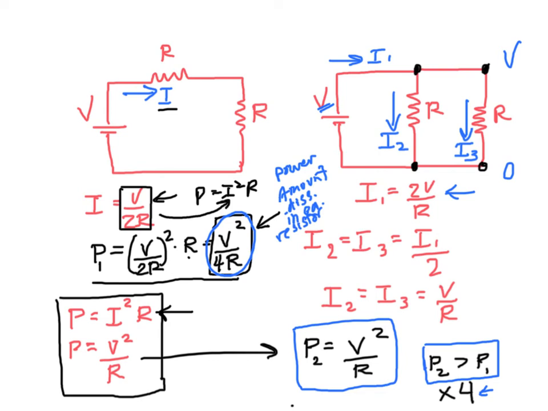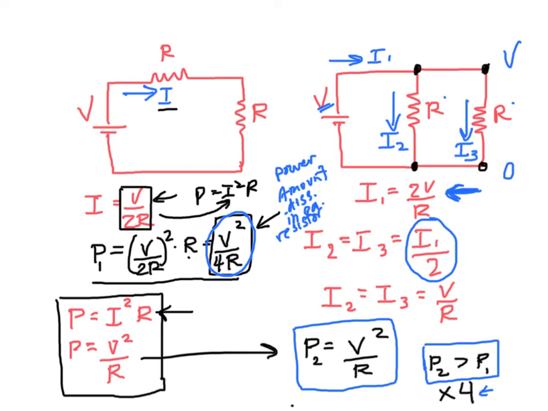Now notice that up here, back up to this point where I'm darkening it with this blue arrow, the I1 we found from the previous slide is 2V over R, and it splits into two branches, I2 and I3. Because these are exactly the same resistors, the current is going to split evenly. So I have half of I1 passing through each one of those resistors.